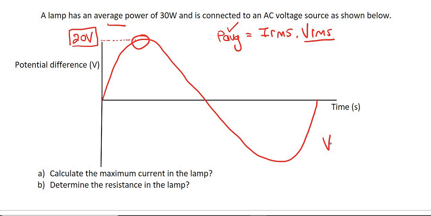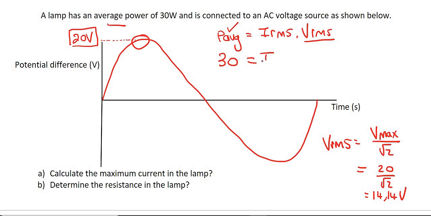But we know that if you want to calculate RMS voltage, you just take the maximum and divide it by the square root of 2. So that's 20 divided by the square root of 2, and that's going to give us 14.14 volts. So now we know what the RMS voltage is, so we can use this formula: 30 equals I RMS times V RMS, which is 14.14.